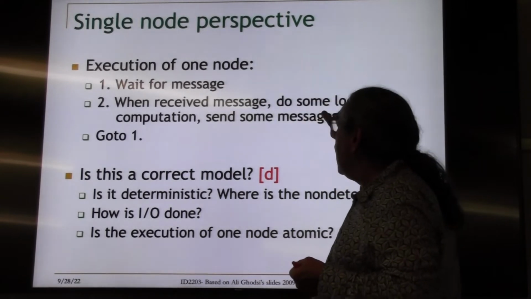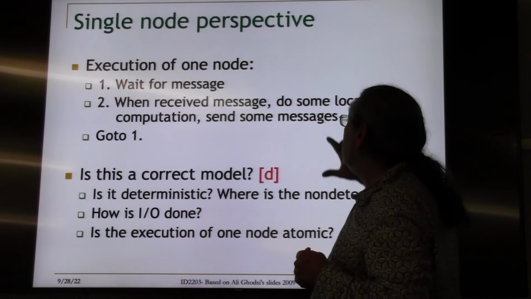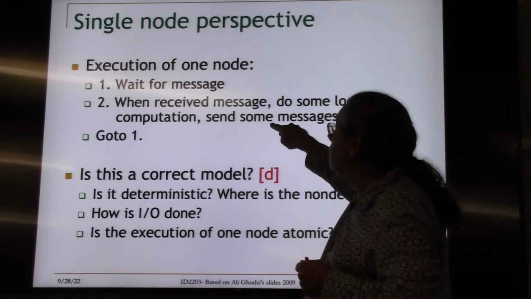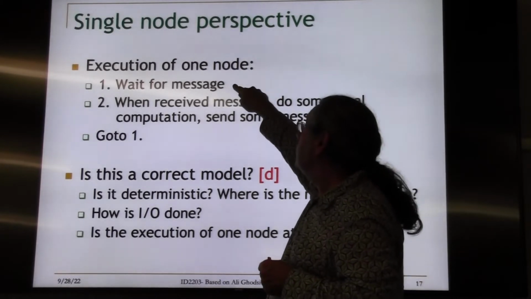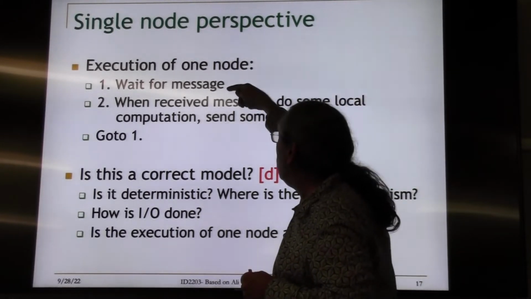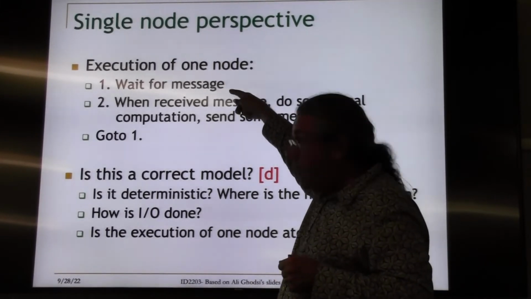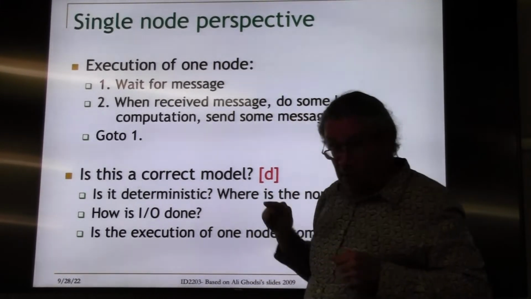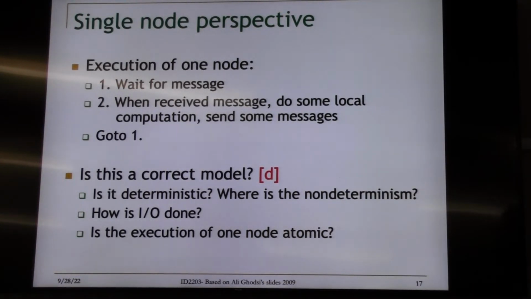And at this time instant, the state is in a consistent condition. So we have completely executed the local computation, so we are in a valid state. So when we start the second local computation, we have a message and a valid local state. And then we go to a new valid local state. Okay? So in that sense, this is an atomic execution.